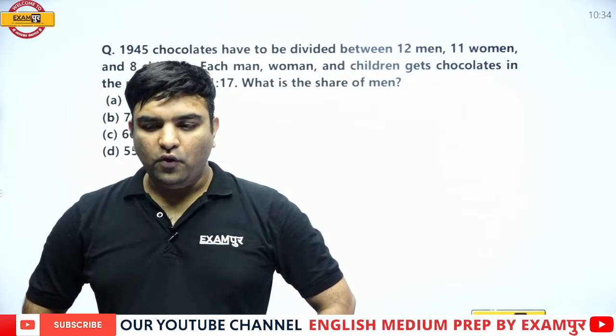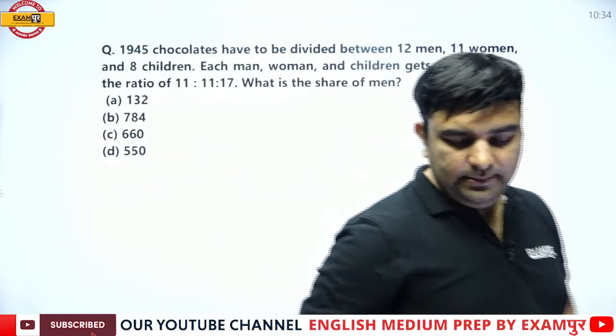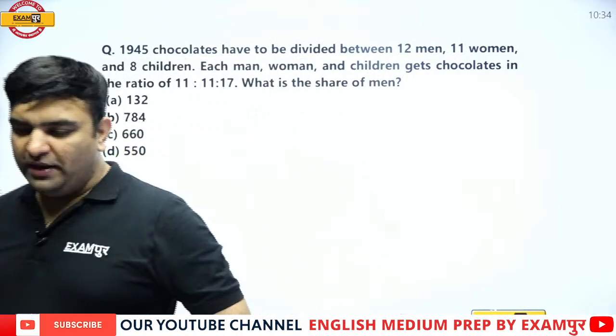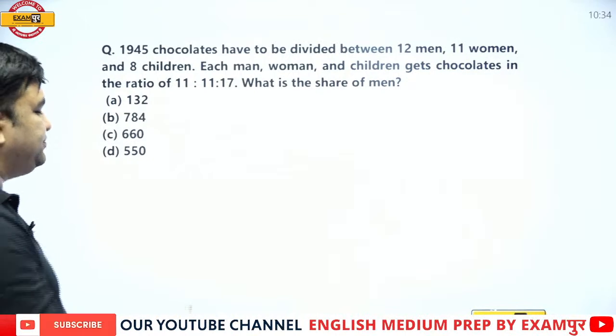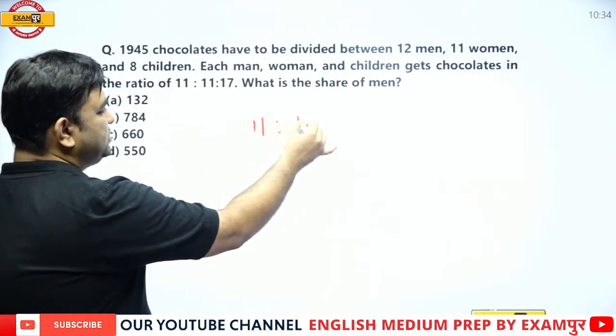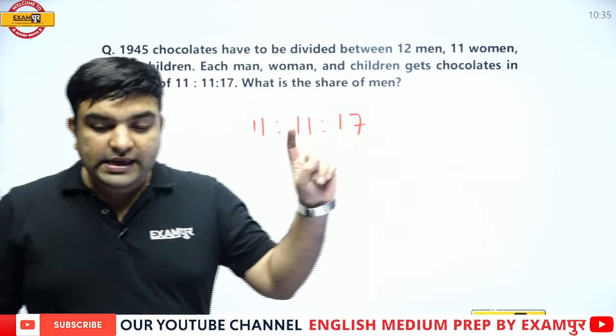945 chocolates have to be divided among 12 men, 11 women, 8 children. Each man, woman and child gets chocolates in the ratio 11:11:17.